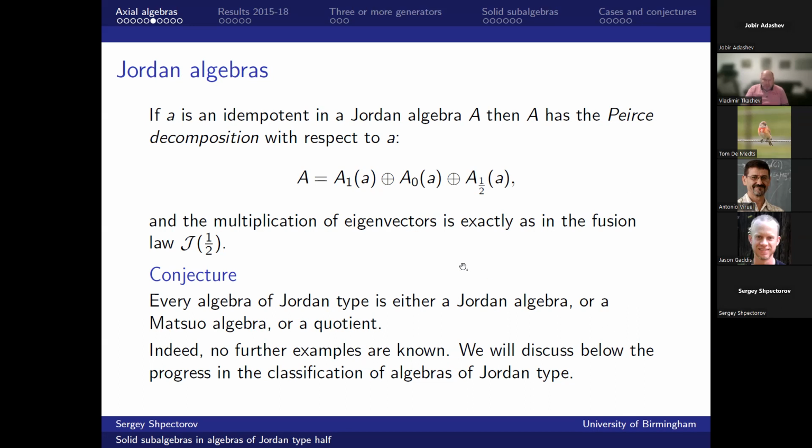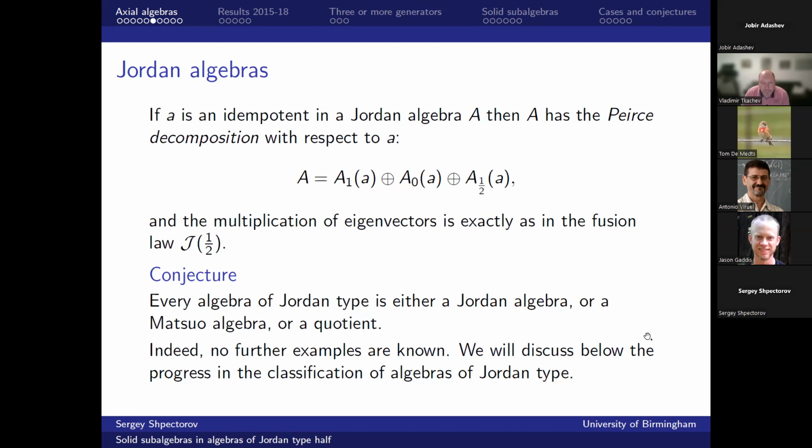Okay, so in fact, we don't have any further examples of algebras of Jordan type. So Matsuo and Jordan, that's all we have. And that is the current conjecture that we are trying to prove, that every algebra of Jordan type is either a Jordan algebra, or it is a Matsuo algebra, or a quotient of a Matsuo algebra.